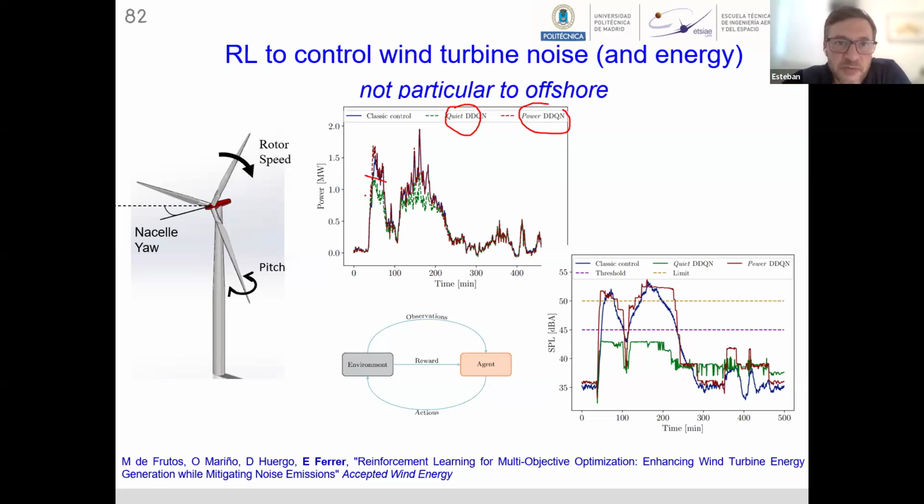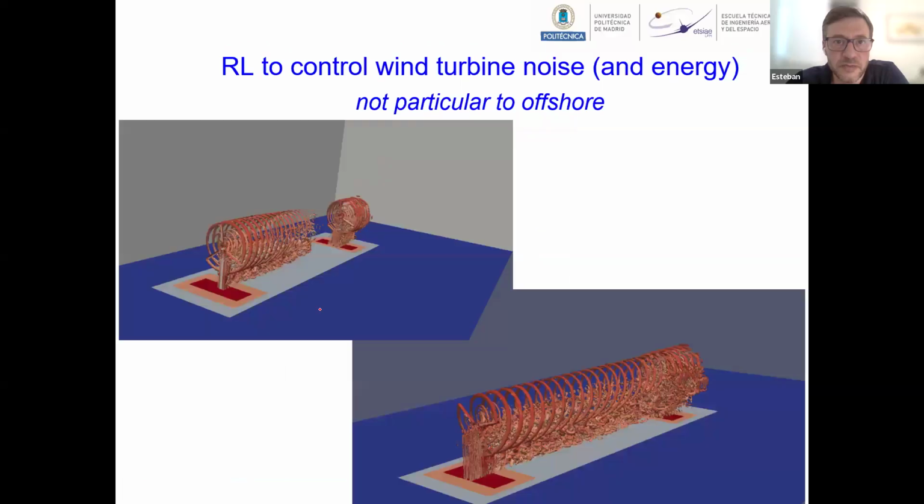We sacrifice some power sometimes, but when we look at the acoustics, it's doing something to limit them below this threshold that we have set. We lose a little bit of power, but not too much, whilst we are good with the acoustics. This is what the algorithm can do.